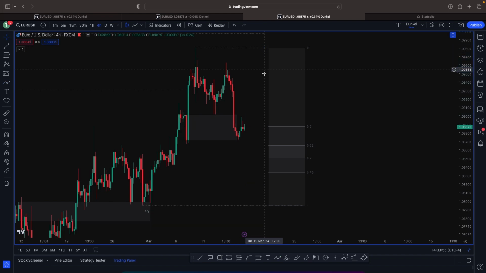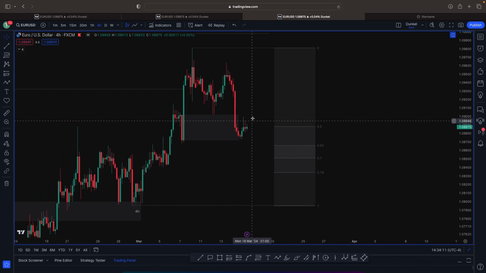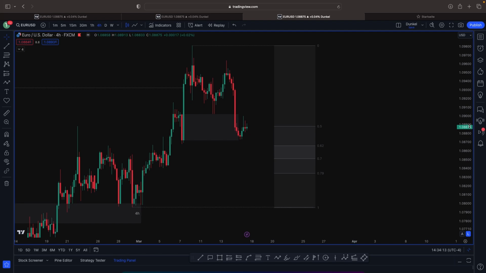Or we don't continue to the upside and retrace further into the extreme parts of the range, in case the OTE range. But I'm pretty confident that next week we will get a continuation.